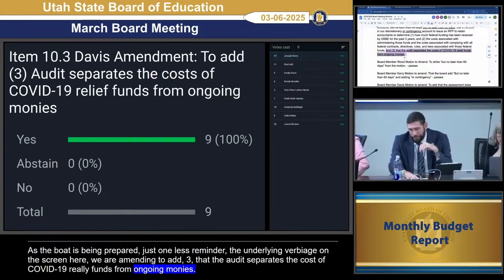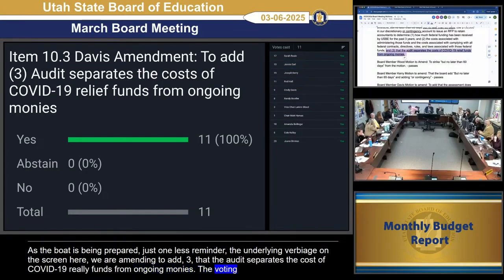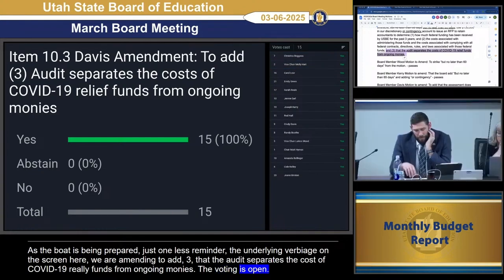Voting is open. That passes unanimously.